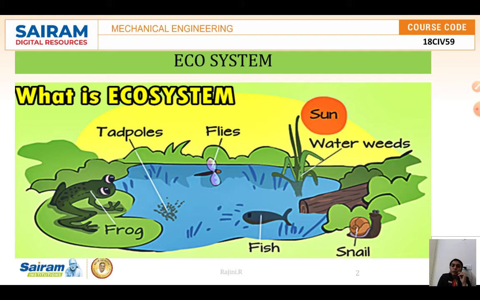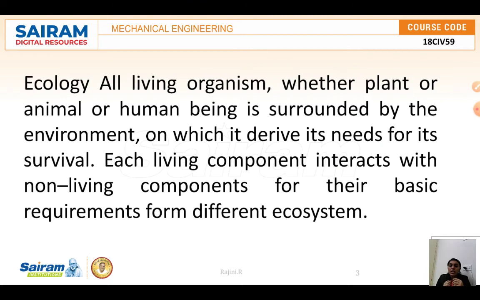The word biome may also be used to describe a terrestrial ecosystem which extends across a large geographic area, containing many ecosystems. And also ecology: all living organisms, whether plant, animal or human being, are surrounded by the environment from which they derive their needs for survival.